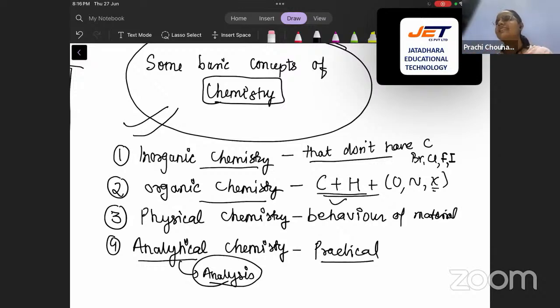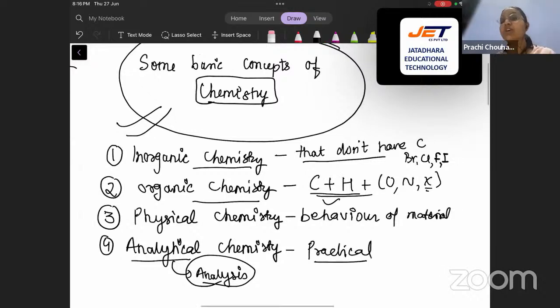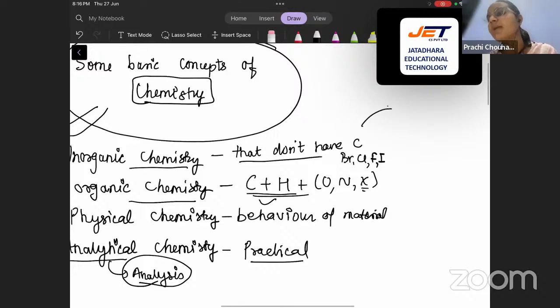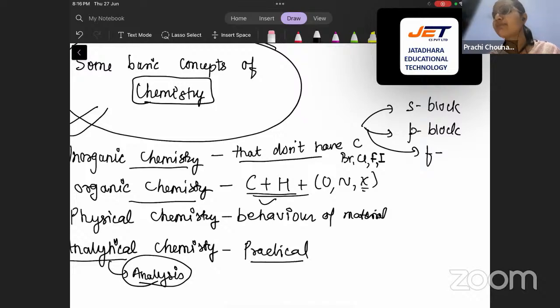Now quickly let's see the chapters that constitute inorganic chemistry. Here we will be learning about S block elements, P block elements, and D and F block elements. And then we will be learning about coordination chemistry.